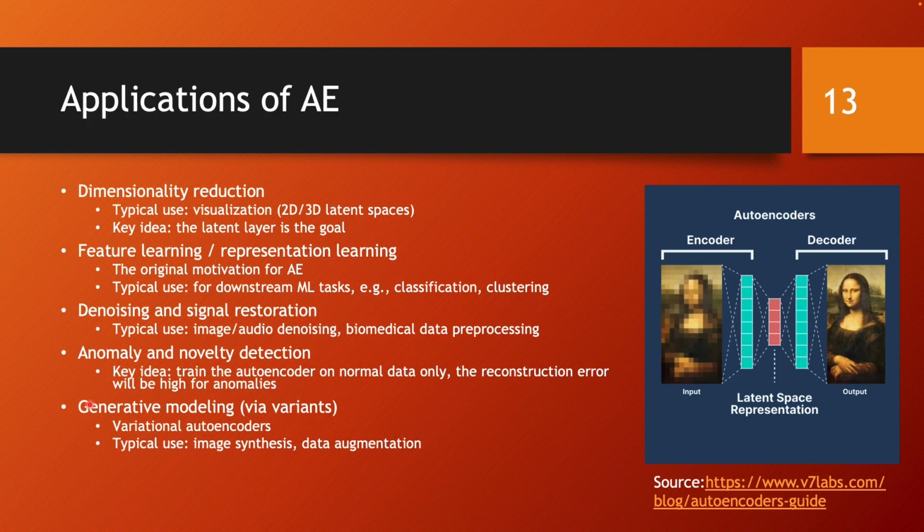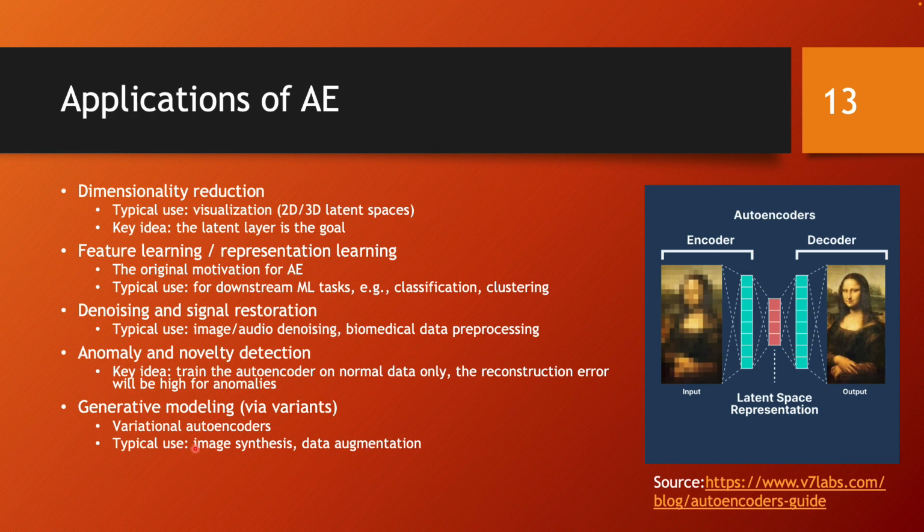And then finally, I want to mention here what has become very popular in terms of generative modeling. The typical example here is that of a variational autoencoder, and the concept here is that your latent representation is a probability distribution.